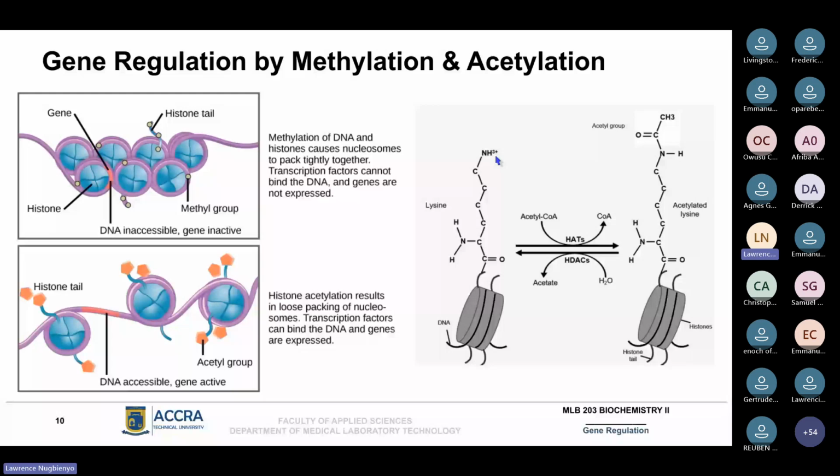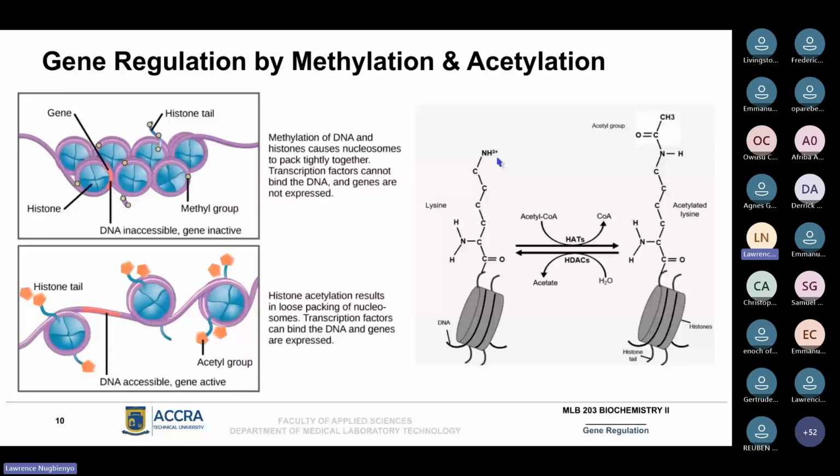Then you have a certain form of attraction between these two molecules, that is the histone protein and the DNA molecule. In that case, because of the attraction between them, you have a more compact complex together.